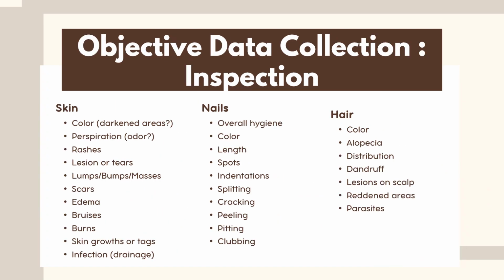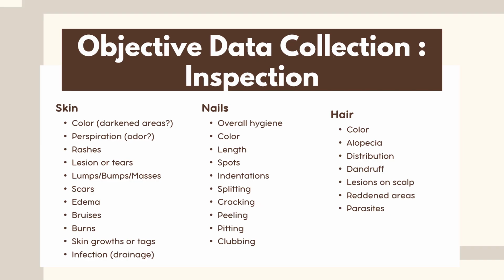So objective data collection on our inspection. For the skin, you would want to look at the overall color. What's the overall color, the undertones, is it uniform throughout the body? Many times I will say their color is consistent with their ethnicity. You want to look at the exposed versus unexposed areas, making sure you're doing a complete assessment.